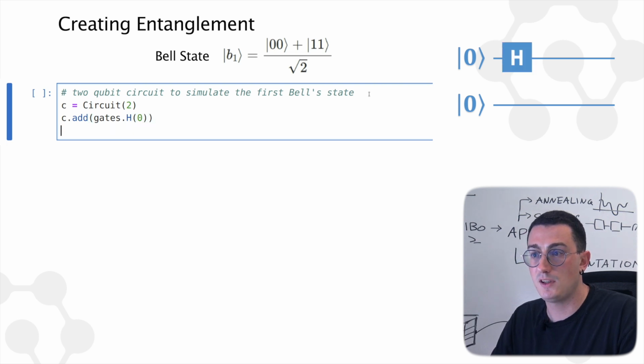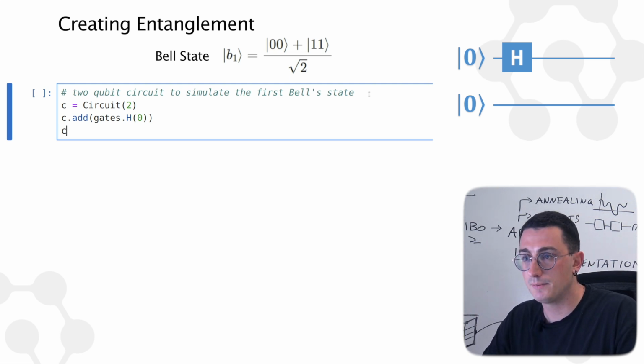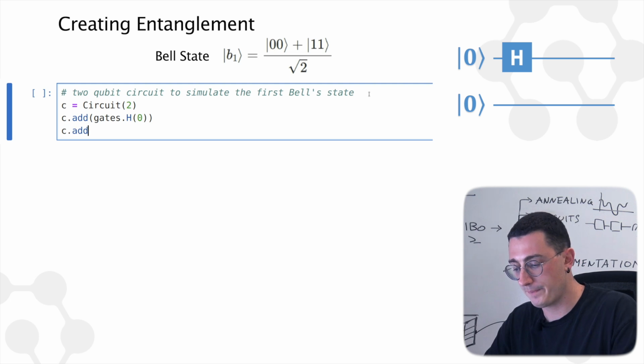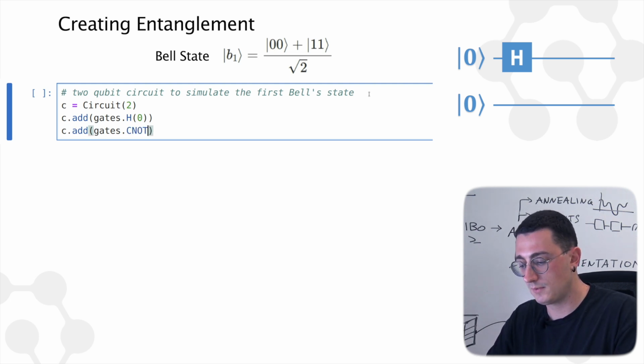Now that the qubit 0 is in the superposed state, we can use it as control qubit in a controlled gate. In particular, we are going to use a controlled NOT gate, and we can add it to the circuit. So C.add gates.CNOT.